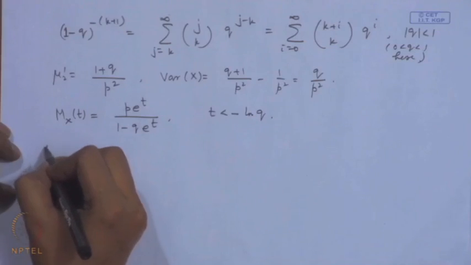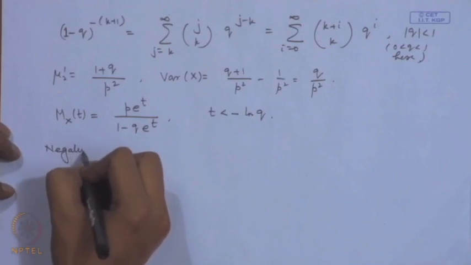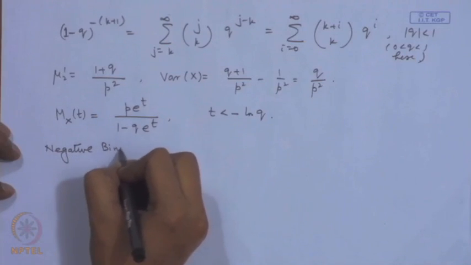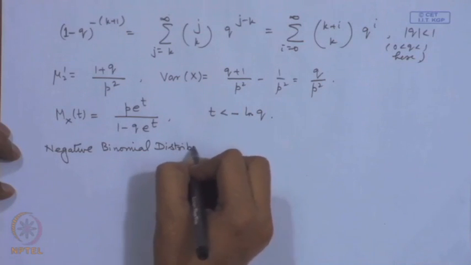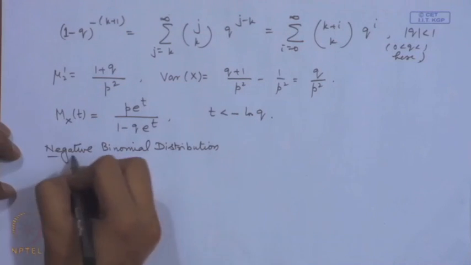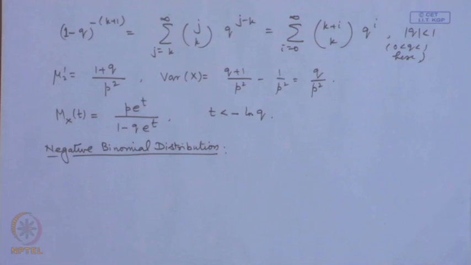So, let me introduce this one. Negative binomial distribution.